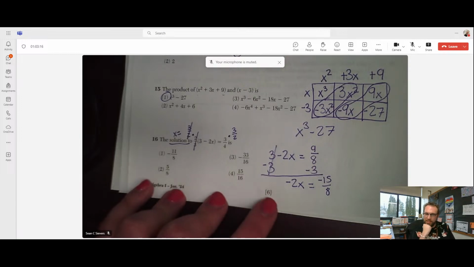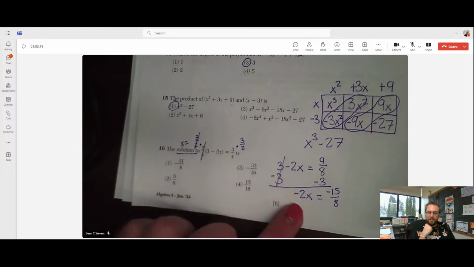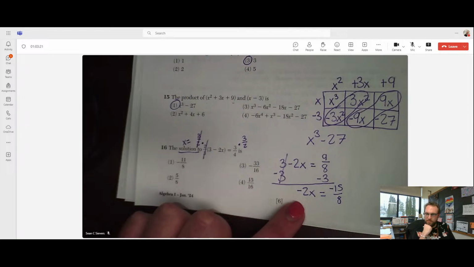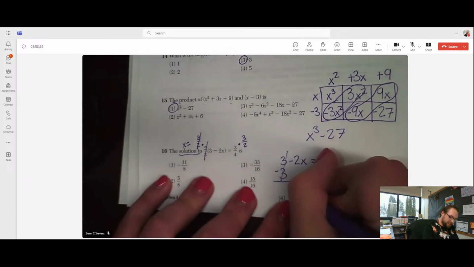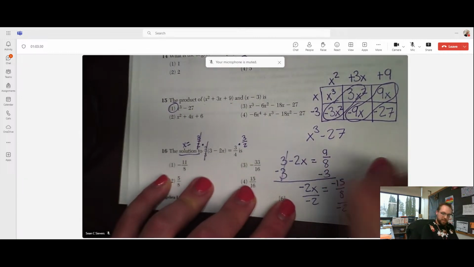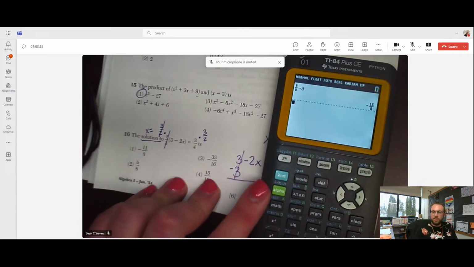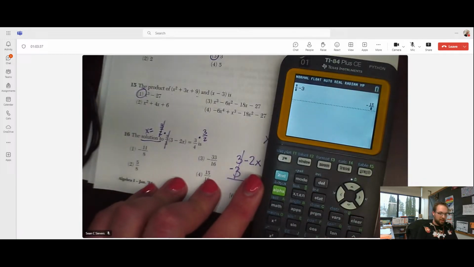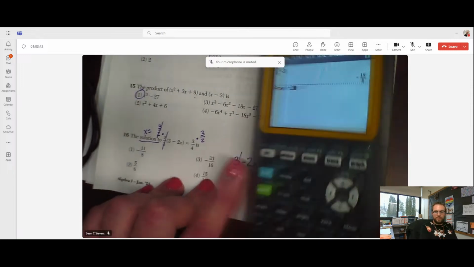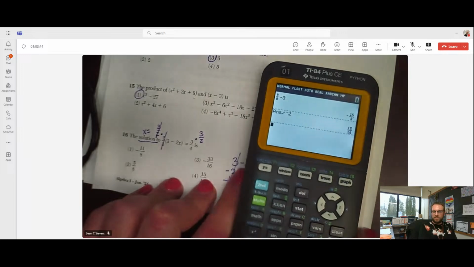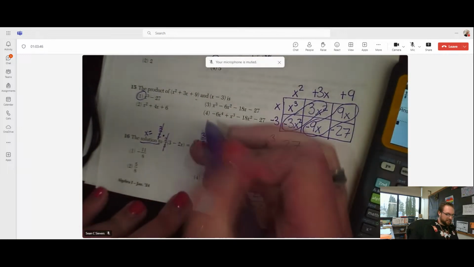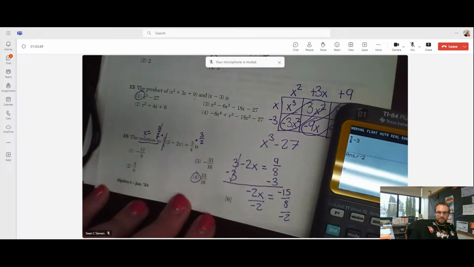How do I get x by itself here? Divide, George, yes. Divide both sides by negative 2. And if you have this fraction already in your calculator, don't clear it out. All we have to do now is click divided by negative 2. And it gives us our final answer of 15 over 16.